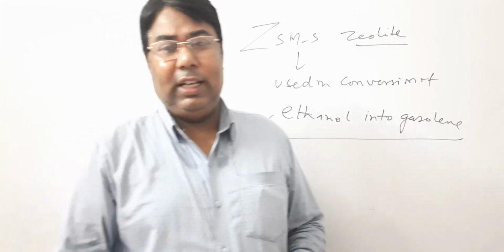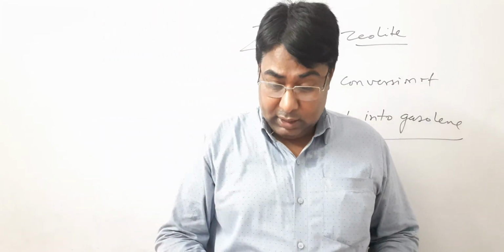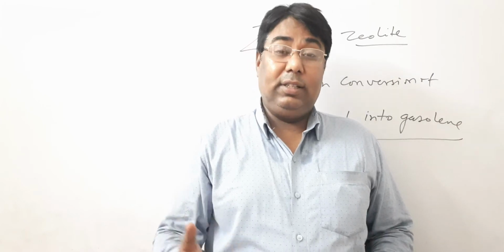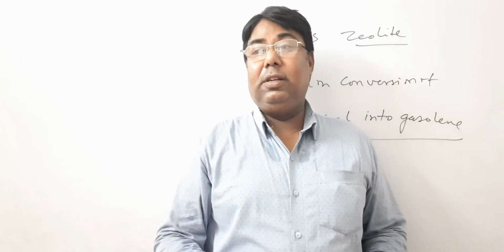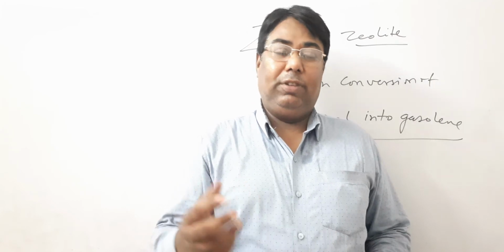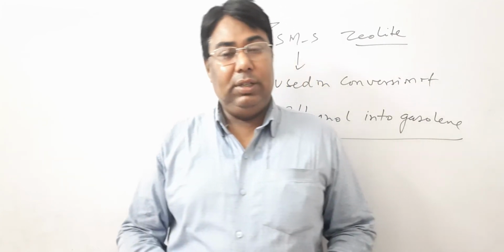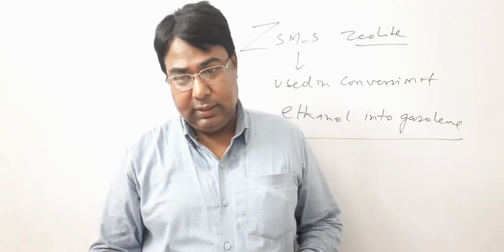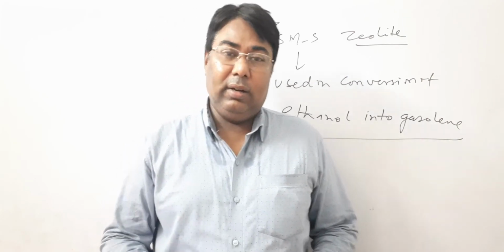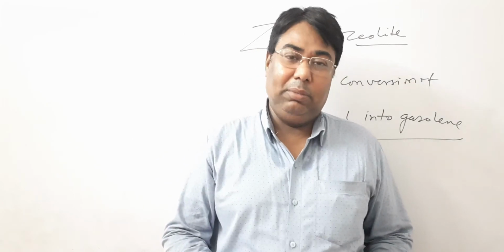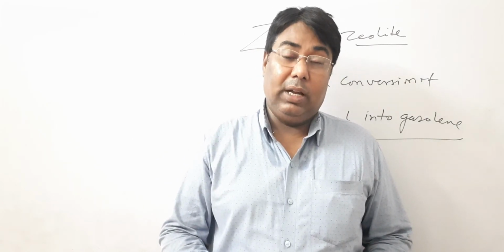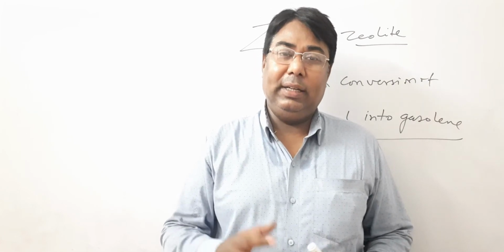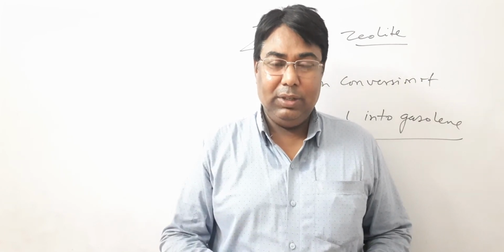Several times this question has been asked in the board examinations. What are shape selective catalysis? The catalytic reaction which depends upon the size of the reactant and the pore diameters of the catalyst are known as shape selective catalysis. Zeolites act as shape selective catalysts because they are microporous aluminosilicates and have a honeycomb-like structure.